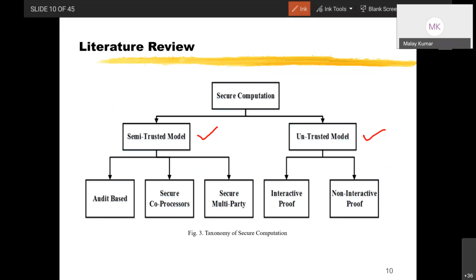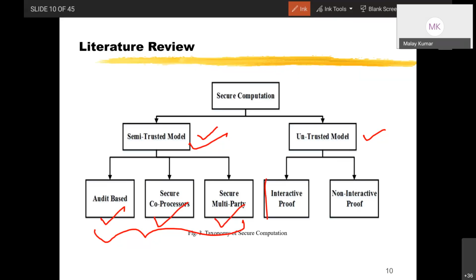To fulfill the objective of the first model, which is honest but curious, there is no implementation of a verification technique or verification algorithm. The methods are the audit based model, secure coprocessors, and multi-party computation.